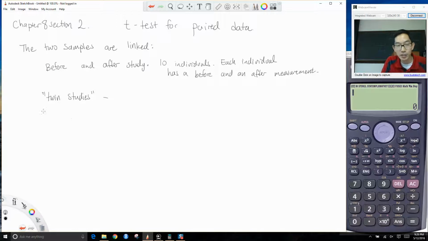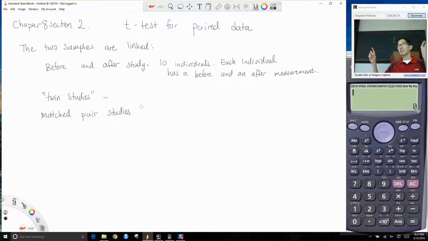Or other matched pair studies, where maybe you don't have twins, but for every person in sample 1, you have found a matching person in sample 2.